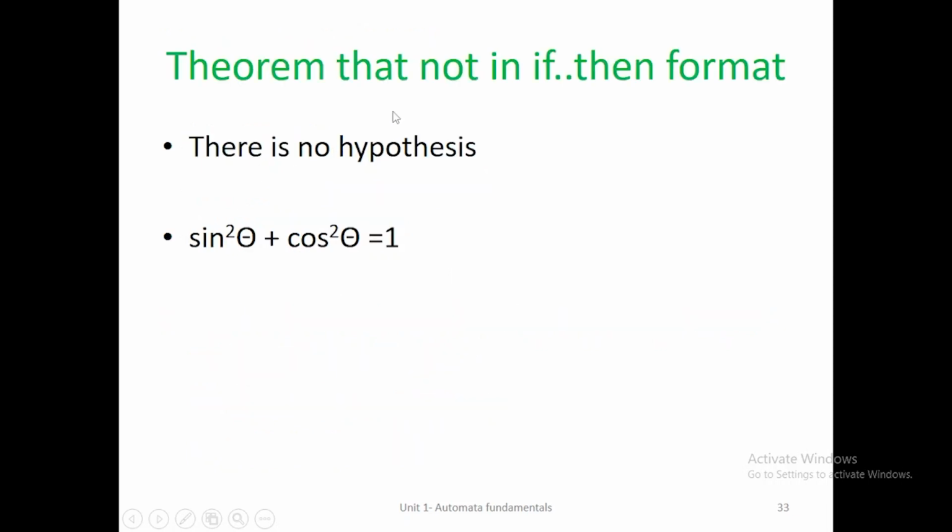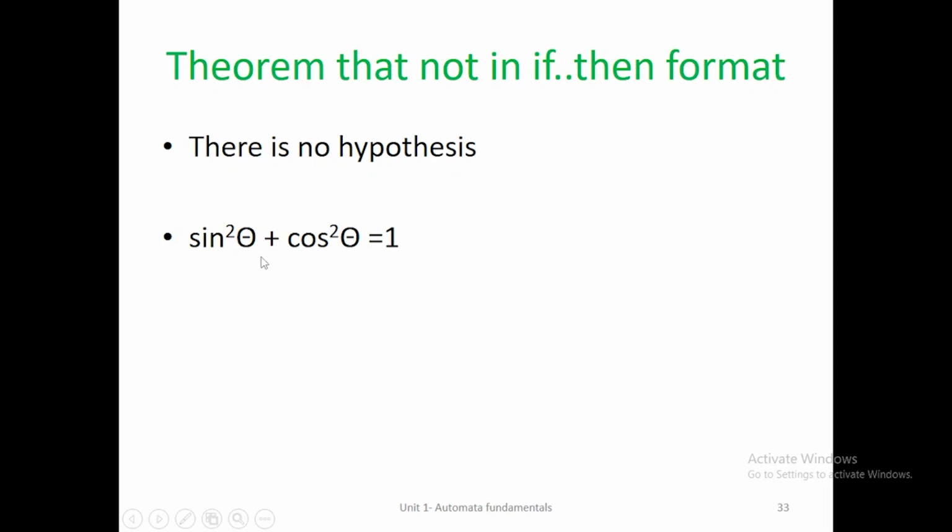And the last deductive proof category is the problems and theorems that are not in if-then format. There are a few statements which cannot be written with conditions, but they have some meaning. For example, sin squared theta plus cos squared theta equal to 1. There is no hypothesis in it, whether it is true or false.